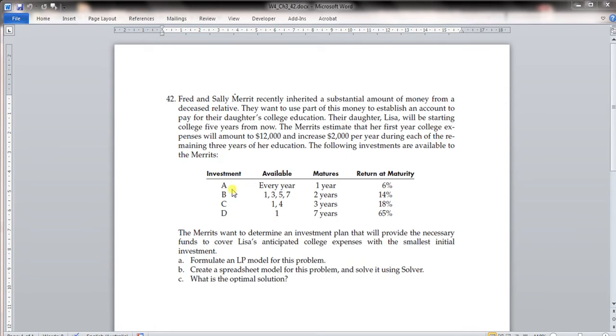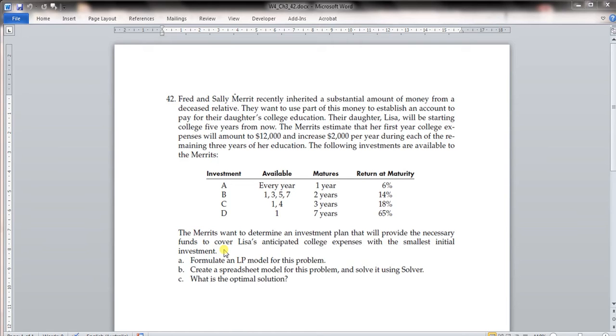So the investment options they have are A, B, C and D. And what are they actually asking? They want to determine an investment plan that will provide necessary funds to cover Lisa's expenses with the smallest initial investment. They want to invest some initial amount.